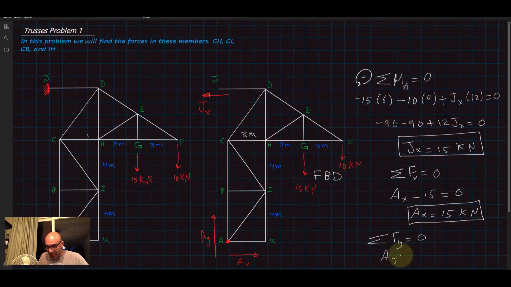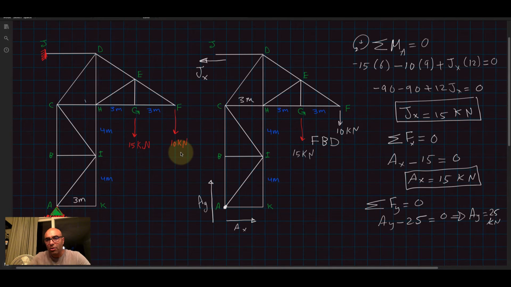So minus 15, minus 10, so minus 25, plus AY is equal to 0, which means that AY is equal to 25 kilonewton. And that's it for identifying the reaction forces. So now we found the reaction forces.